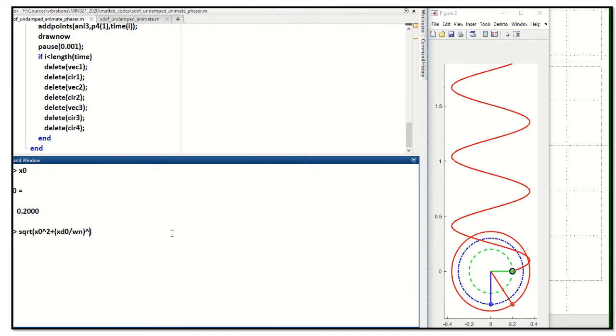The square root of this addition will give me the length of this fictitious particle's position vector.